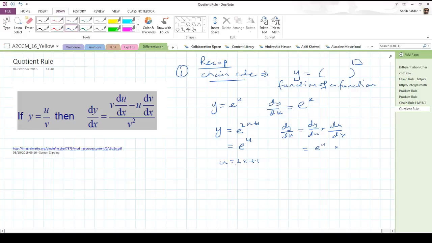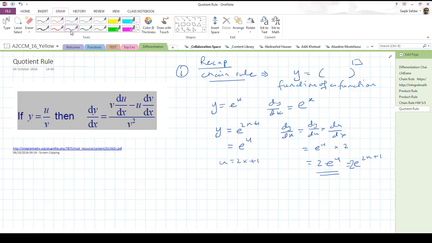And then differentiate your u with respect to x, u prime, that just gives you 2. So that gives you 2e to the u. Obviously you want to write it in terms of x, so 2e to the power of 2x plus 1. Okay, so that's basically the chain rule. It's a function of a function. Alright, we'll do a whole lesson on exponentials and logs as well. But that's a side note.